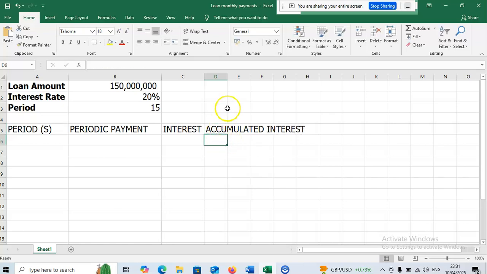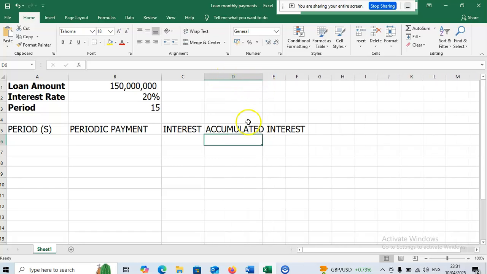If this word is so huge and you don't want it to capture the whole cell, you can wrap text. When you say wrap text, we want to compress this cell so that it appears smaller.